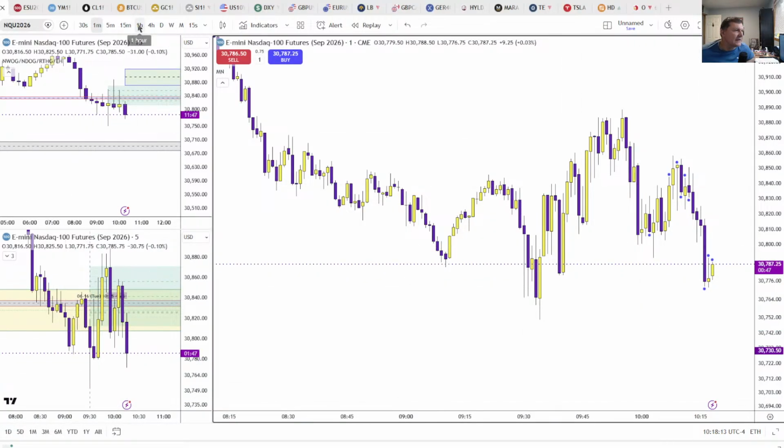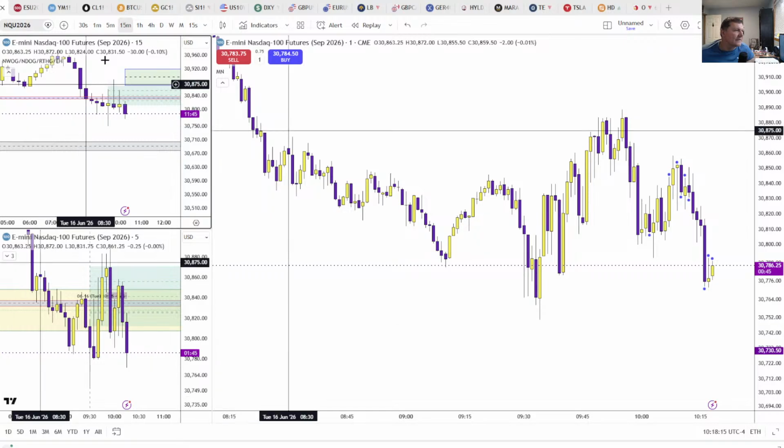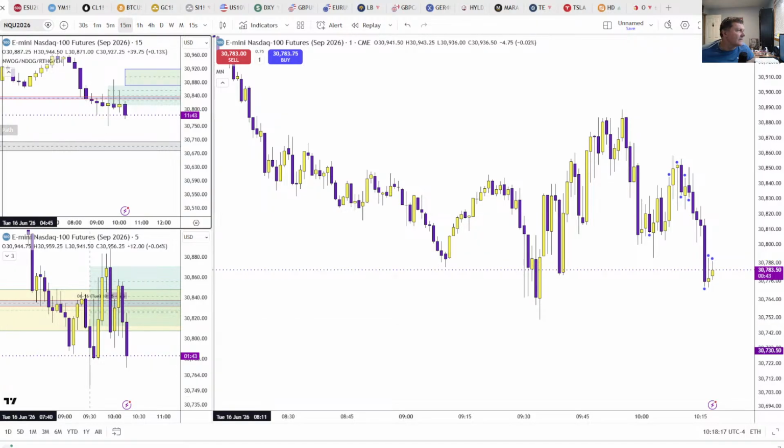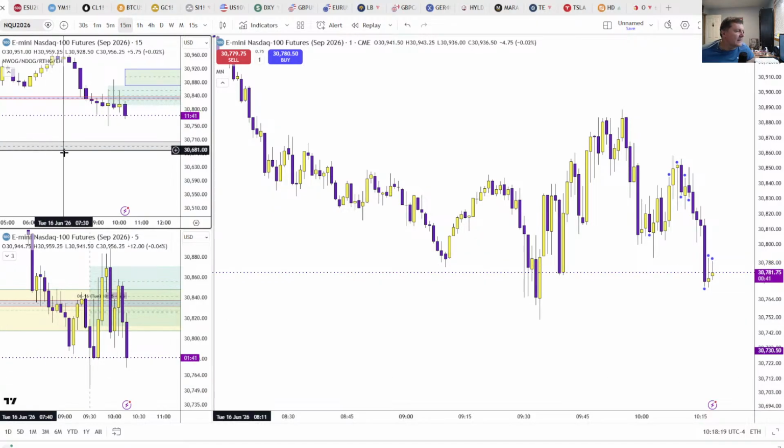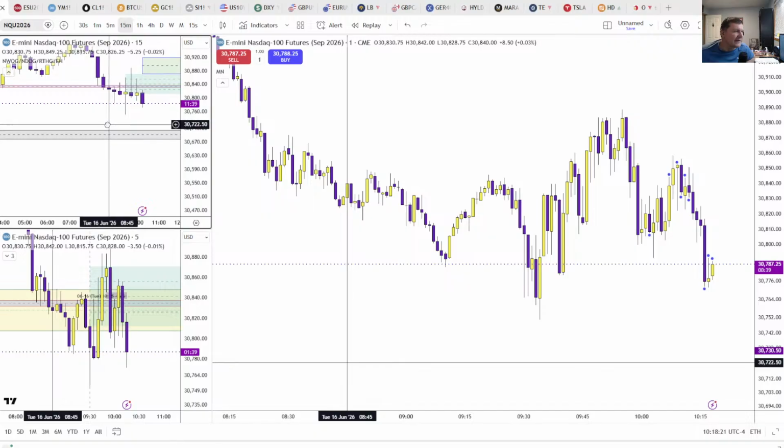Take this hourly. Yeah, looking for those equal lows to finally give away now.